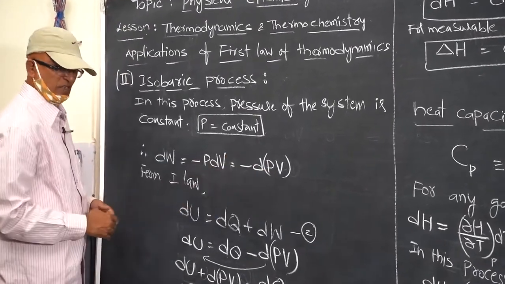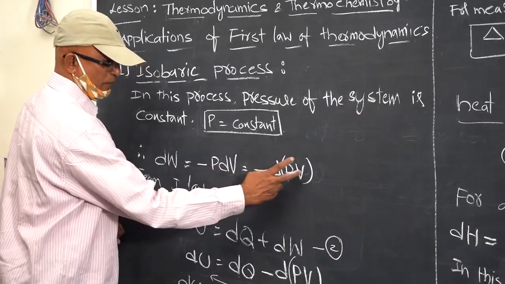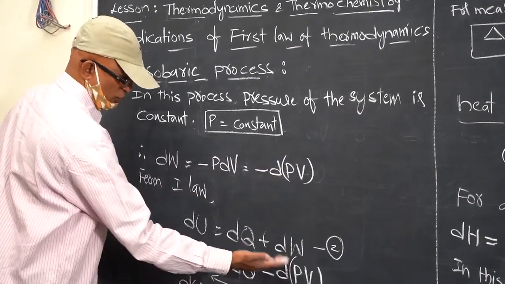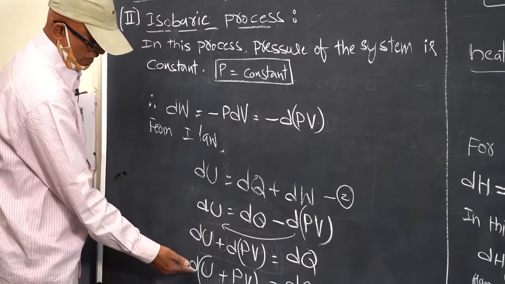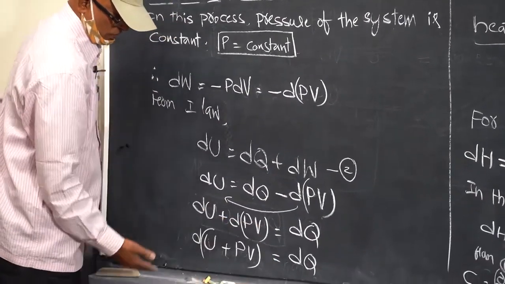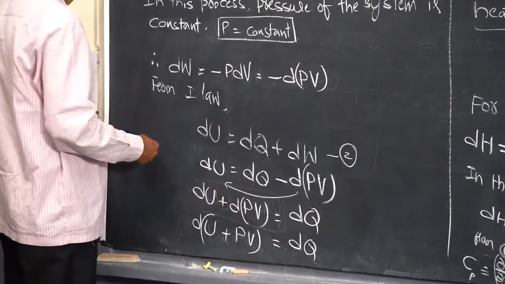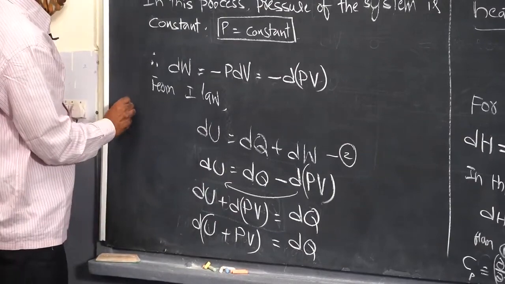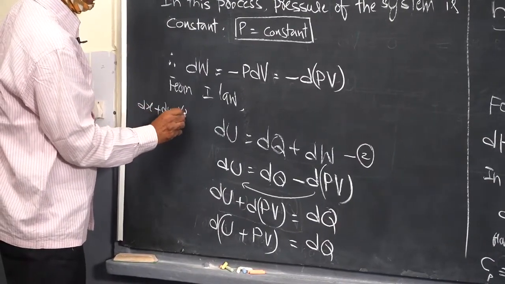Substituting this in the first law equation, dU is equal to dq plus dW. In place of dW, I am writing minus of d of PV. I bring this to this side, it becomes dU plus d of PV is equal to dq. So d of U plus PV is equal to dq, because dU plus d of PV is like dx plus dy, which is equal to d of x plus y.